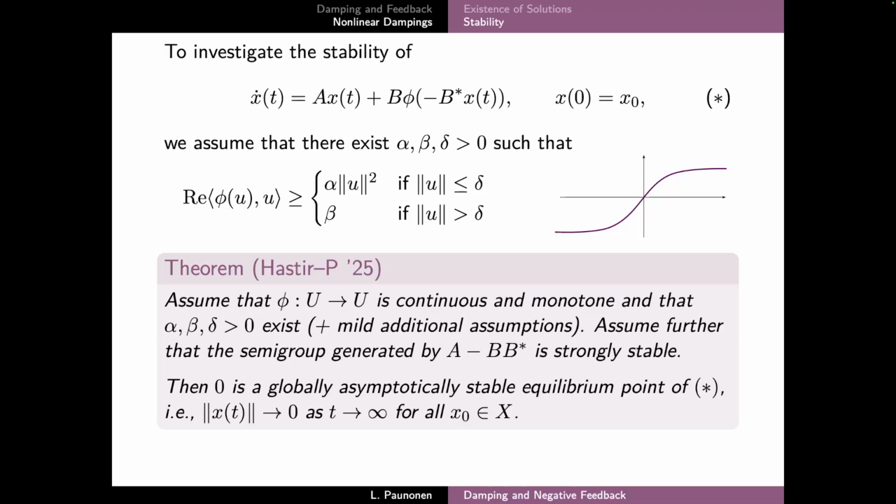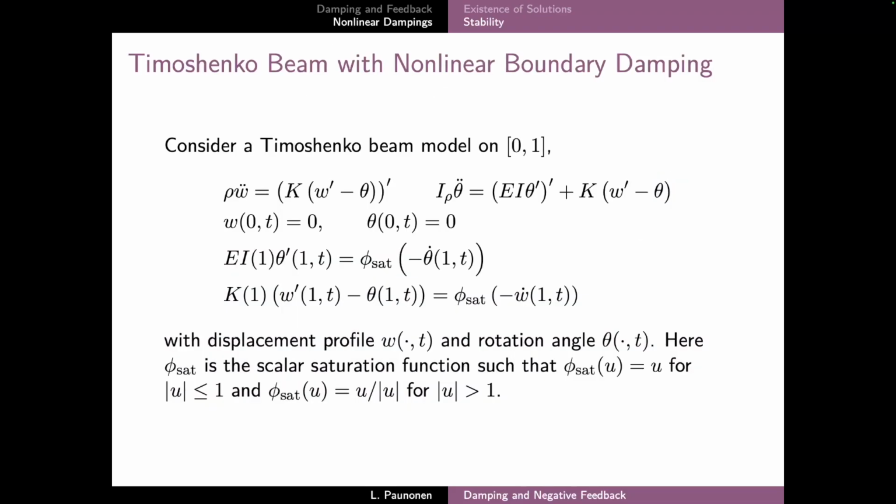We can now apply our well-posedness and stability results for a Timoshenko beam model. So here we have a one-dimensional beam model where W is the displacement profile of the beam along its length, and theta is the rotation angle of the beam. And the beam dynamics are described by the first line, and on the second line we have the boundary conditions which describe the beam being clamped at one end.